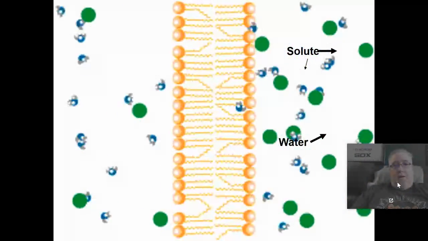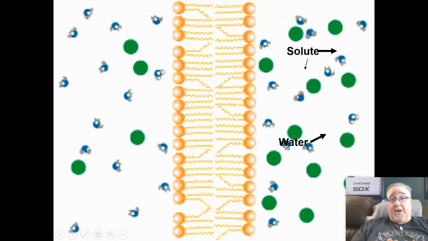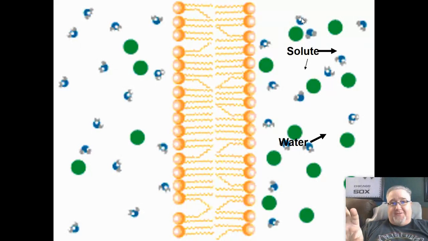So you'll see those water molecules, and you will notice that they're moving in both directions. But now I want you to take a look at both sides of the membrane. In fact, if you counted up these little water molecules, there's actually 15 of them on both sides.